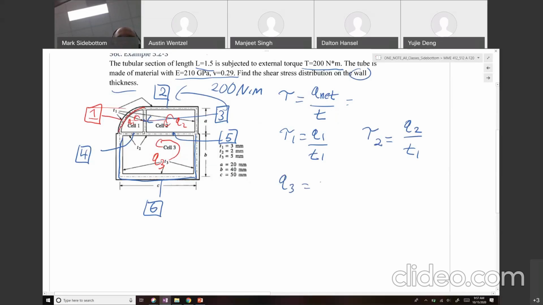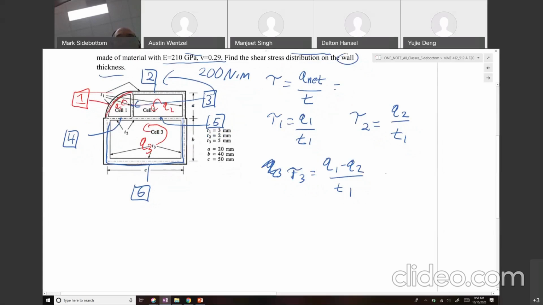Tau 3 would be equal to Q1 minus Q2 over the thickness of that section, which is again T1.